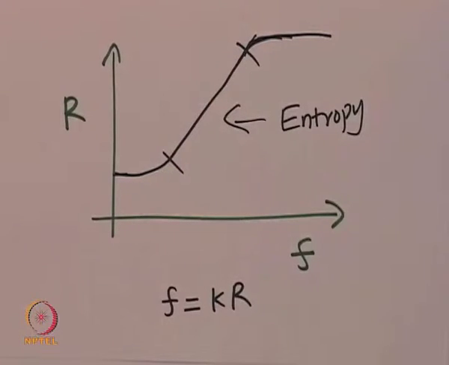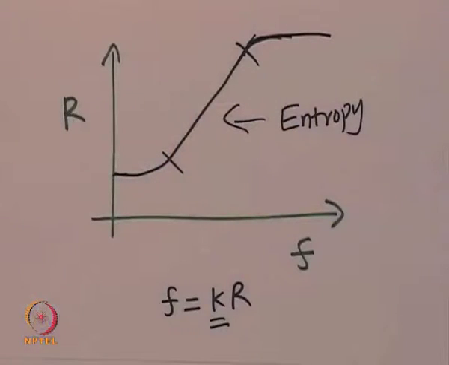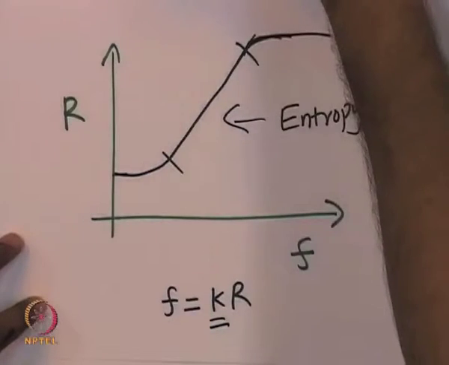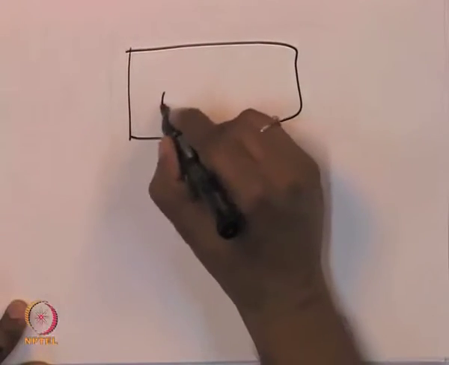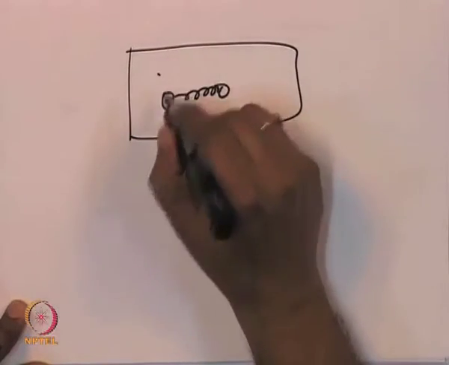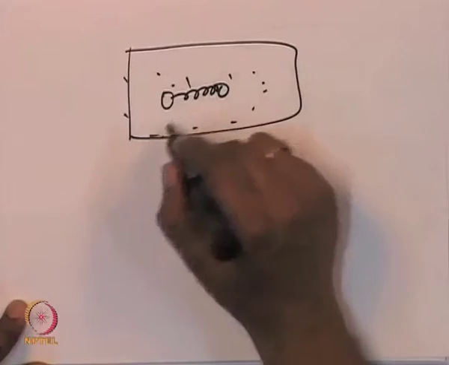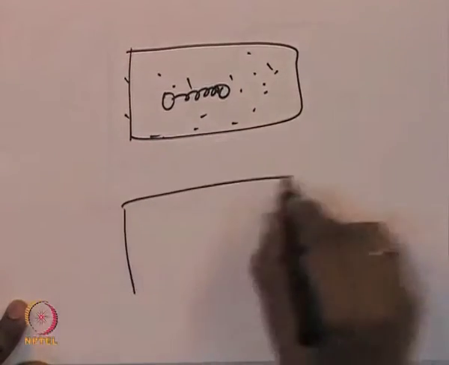Now, imagine that we are doing this for a single stranded DNA, pulling it with some force F, and we can calculate how much this spring constant k will be. Just like we discussed this example of a spring in water, in exactly a similar way you can think of a DNA in water.